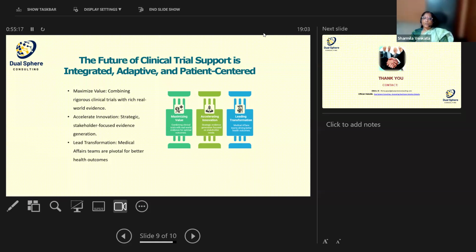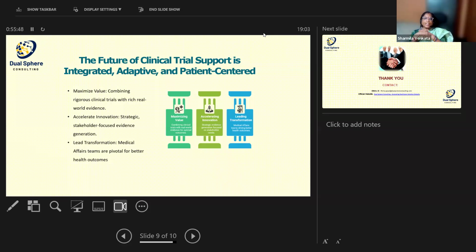When we combine these both, we can accelerate innovation with a strategic, stakeholder focused plan. When we know exactly what payers, providers, patients, and regulators need, we can design evidence programs that meet those needs from the start, avoiding delays in access or adoption.